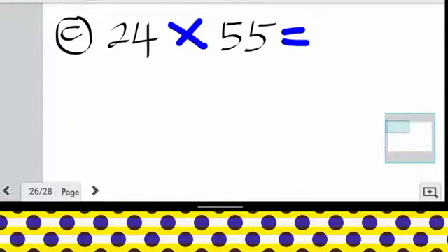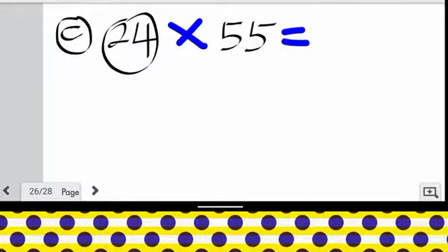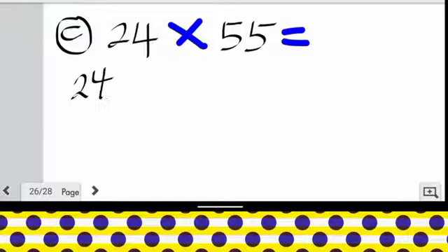Now let's go to the third one. The same thing we are going to do here. We are going to divide this 24 by 2. Now when we have 24 divided by 2, we are going to have 12. Now I want you to listen attentively and be very careful here.